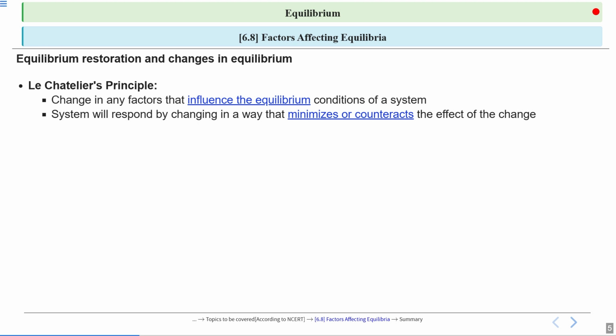Now, why is the system responding in such a way? The reason is that in equilibrium, the system is in a much more stable state, or you could say it is in a ground state. If you change the factors affecting the equilibrium, the system goes to a place where it has greater energy, because equilibrium is the most stable state of a system, and by changing any of the factors, you will only increase the energy of the system.